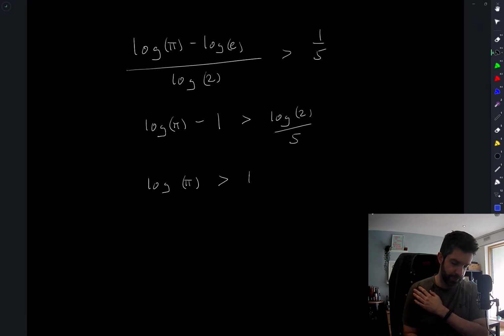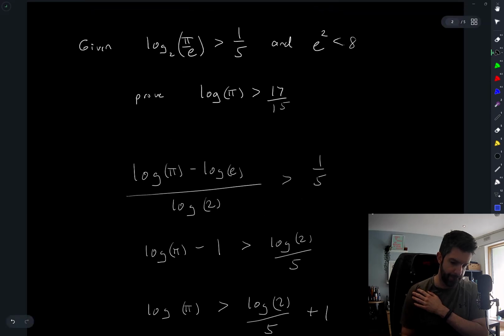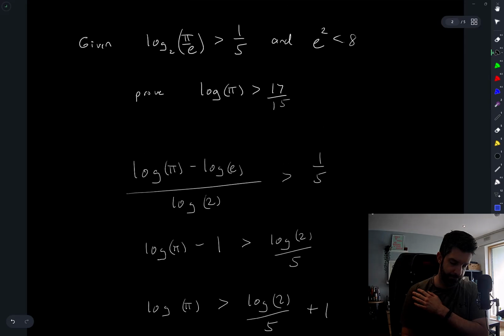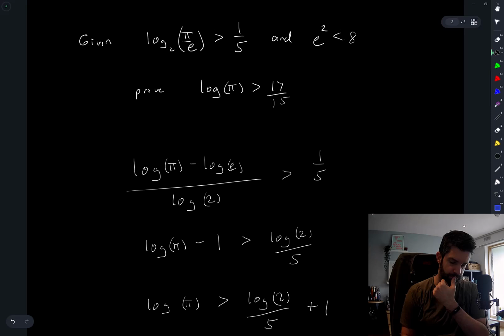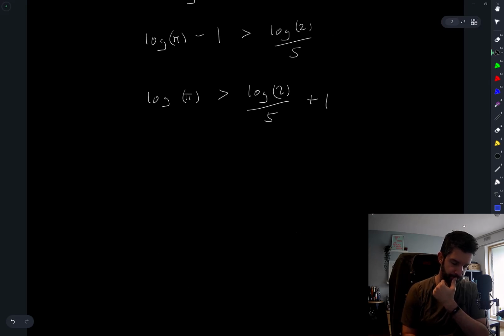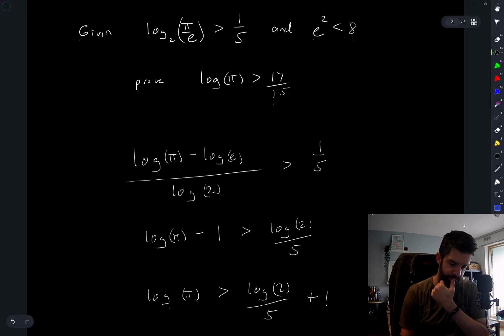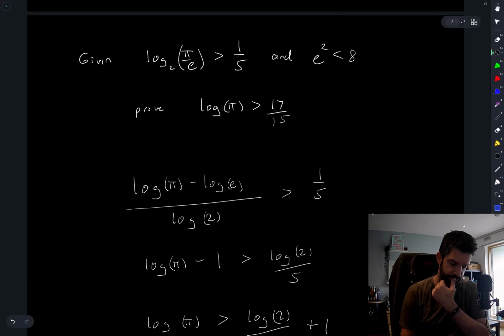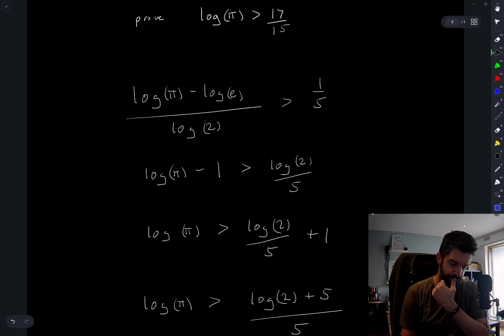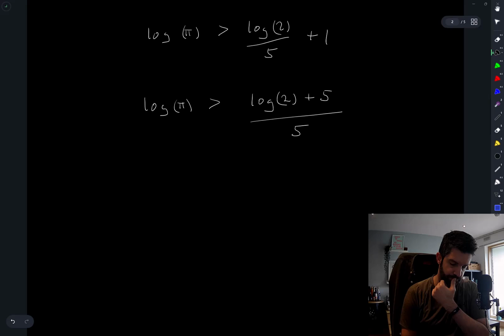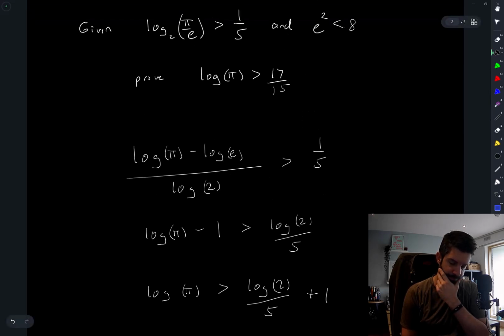Log of pi is greater than log of 2 over 5 plus 1. e squared is less than 8.